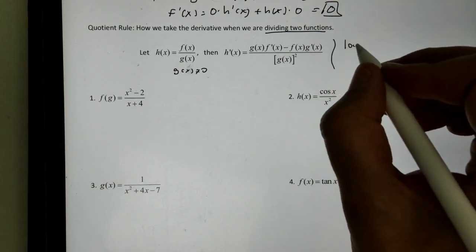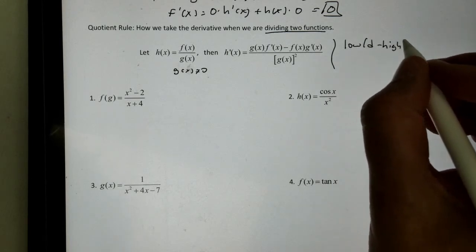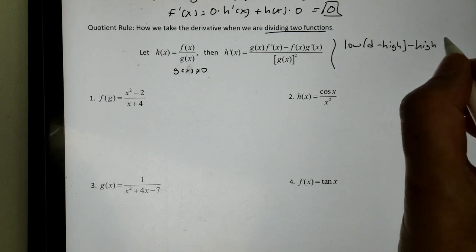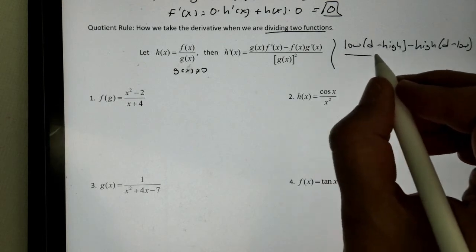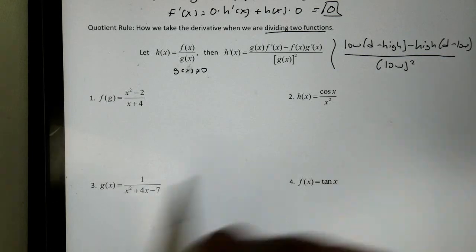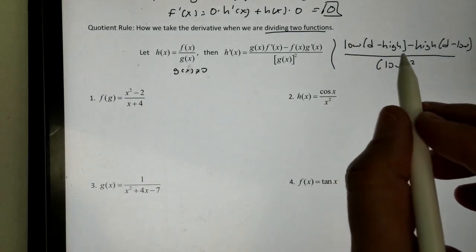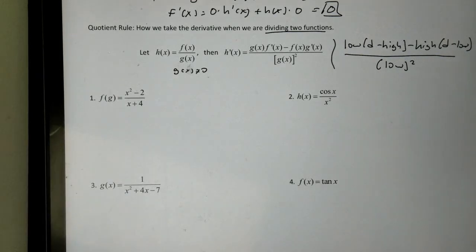It's low, the bottom function, d high, the derivative of our top function, minus high, the top function, times d low, the derivative of our bottom, all over the bottom squared. Or as I like to say, low d high minus high d low, all over low squared. And there's our derivative rule.